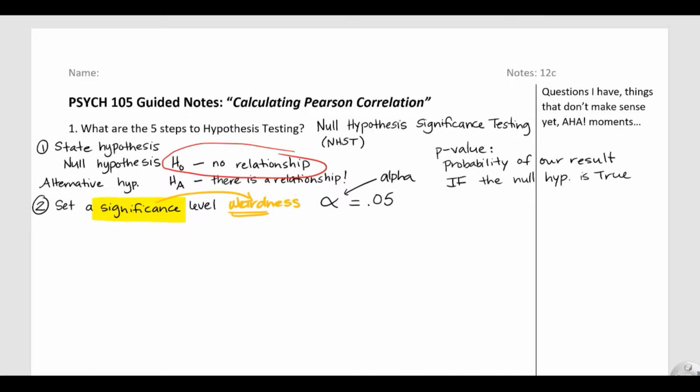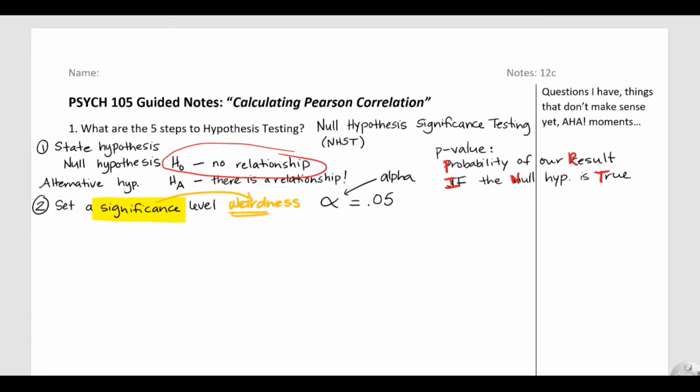And if it helps you to remember, because this is an extremely hard thing to understand in statistics, probably the hardest thing for entry-level students to understand, our p-value is the probability of our result if the null is true.